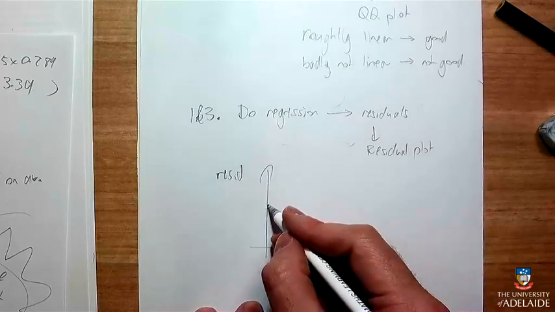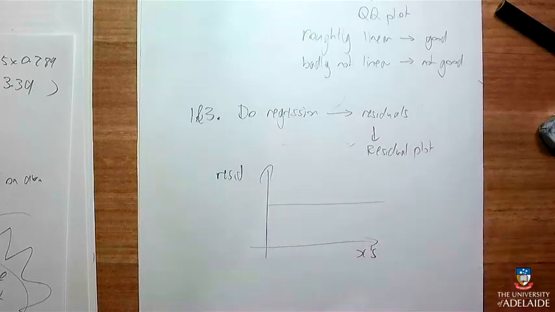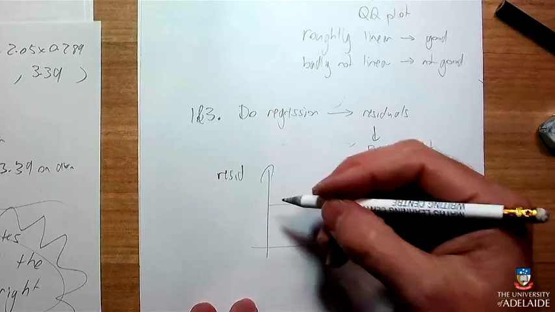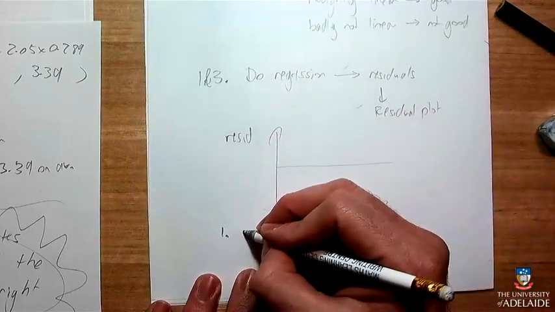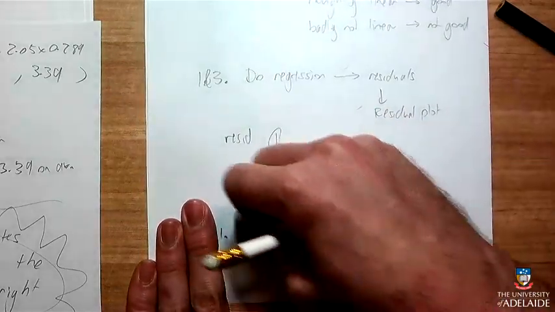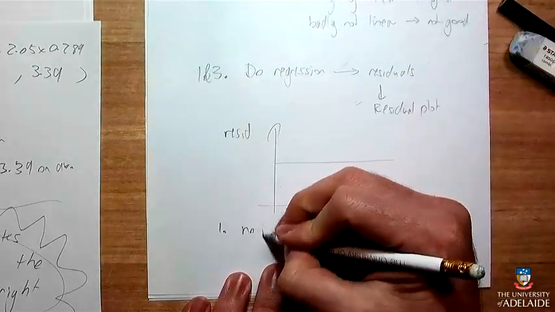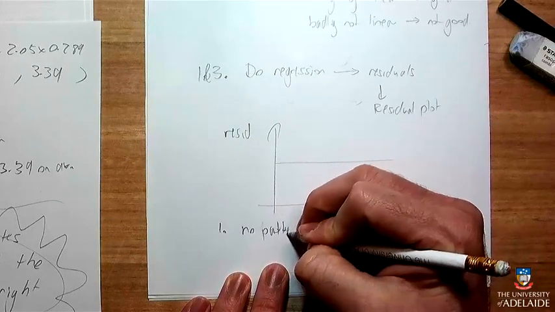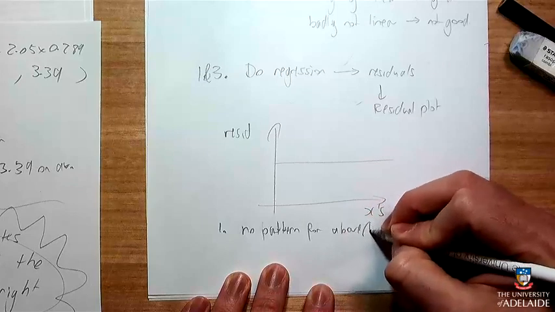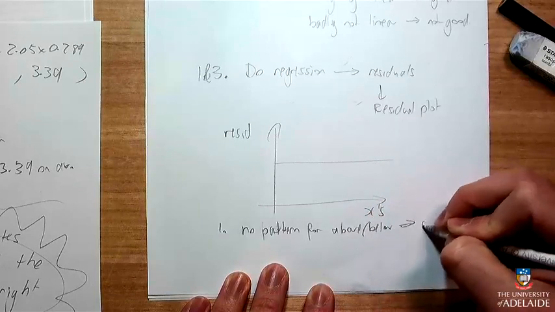And there should be like a 0 line in the middle, and you need to see 2 things. So for assumption number 1, you need to see random scatter on both sides of the line, so no particular pattern. So number 1, good is, well, no pattern for above or below. That's good.